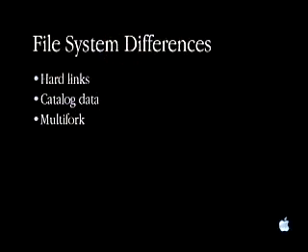Some of our file systems support hard links, which is the ability to create separate nodes in a file system pointing to the same data, where the nodes are essentially equal, not an alias from one to the actual object. Some of our file systems have storage for catalog data, catalog information. Some of them don't. Some of our file systems are multi-fork. Some of them aren't.